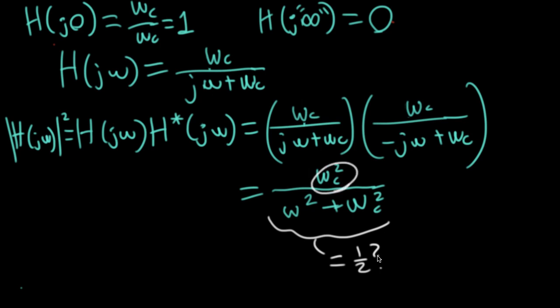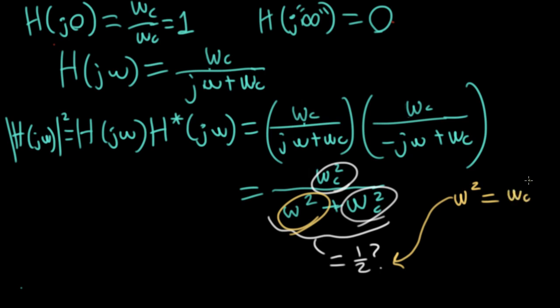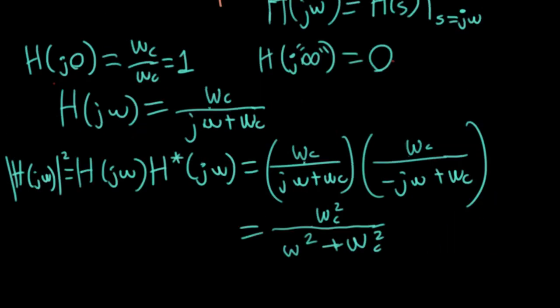Well, I have omega_c squared here and omega_c squared here. It's not too hard to see that it would be where omega squared is equal to omega_c squared. In other words, it's for omega equals omega_c. So omega_c is the frequency for which you get half power out relative to the power you would get at DC.